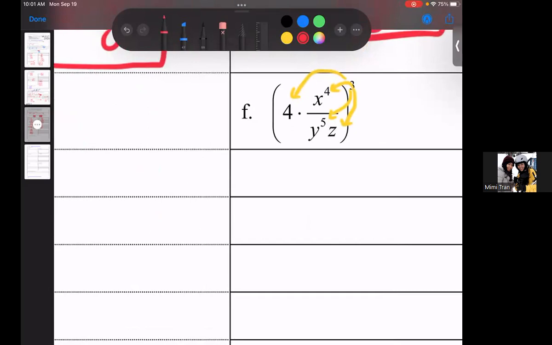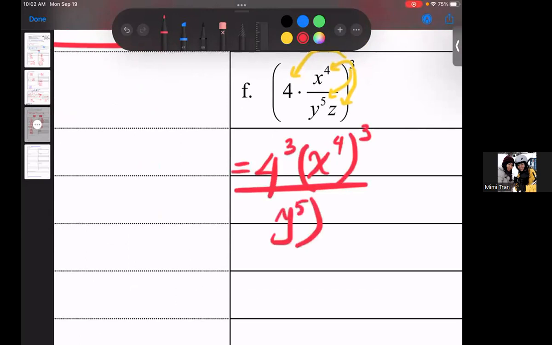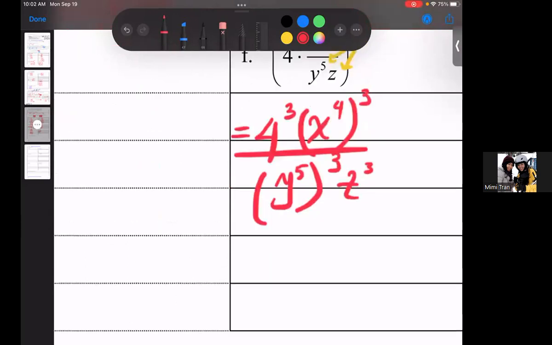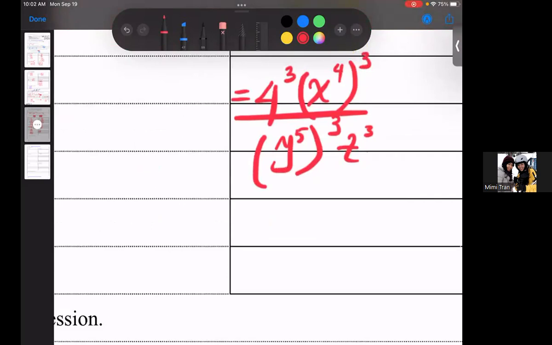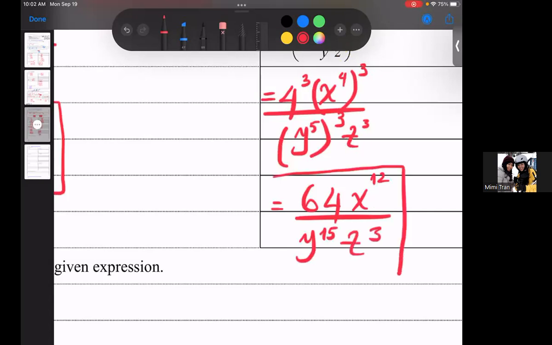Anyone have an answer? So basically it's 4 cubed, right? X to the 4 cubed over y to the 5th cubed, z cubed. And then you simplify. What does 4 cubed equal? 64. X to the 12 over y to the 15. Now z to the 3rd, thank you.